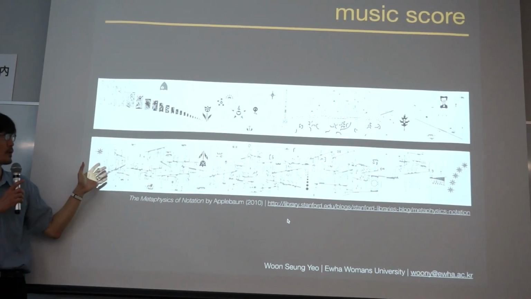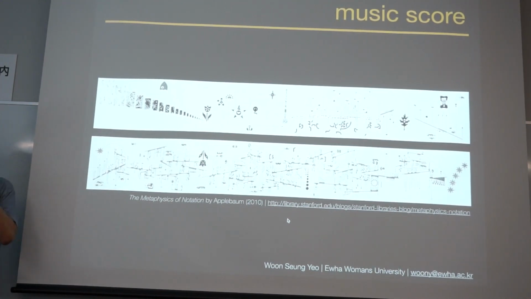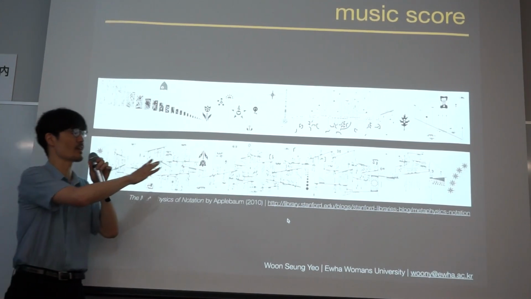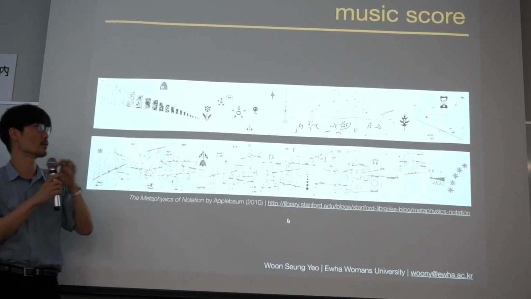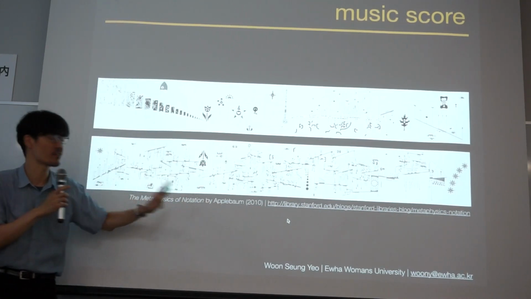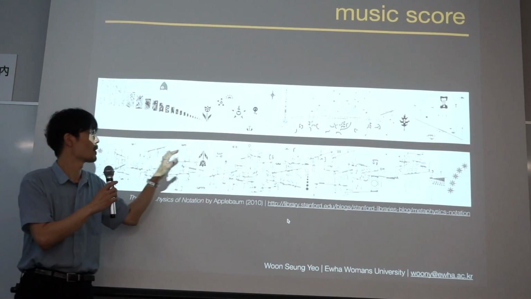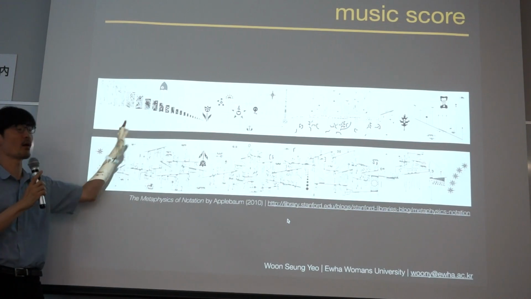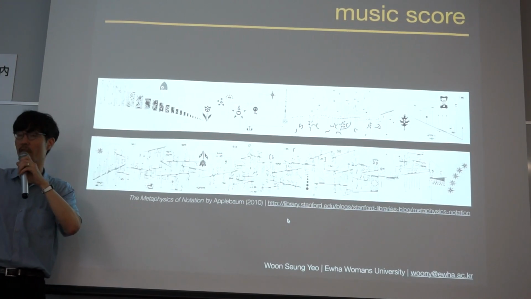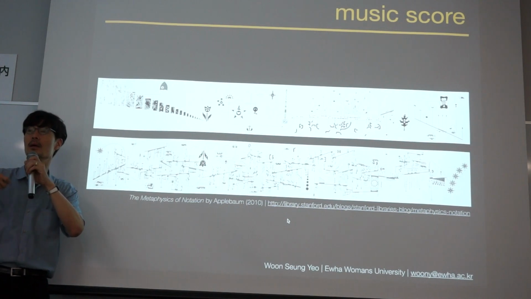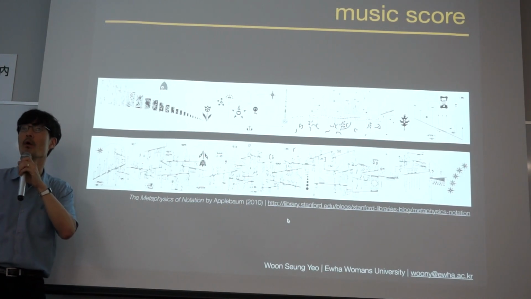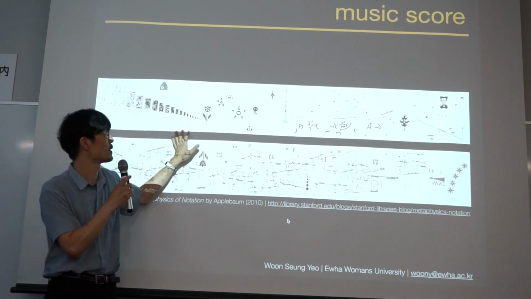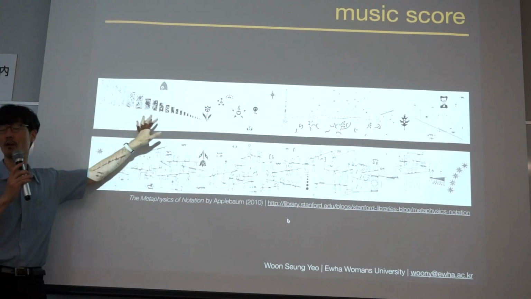And some people actually try more radical things, Mark Applebaum. I mean, this may look small, but this is actually a very big picture. Mark Applebaum, a Stanford professor, drew this big picture, hung it in the gallery, and invited performers to play music based on their own reception or their own analysis or understanding of the score.